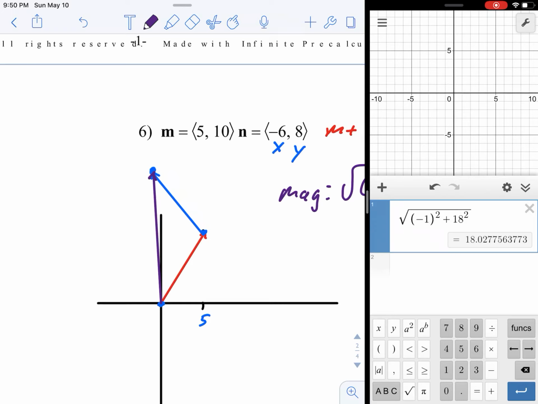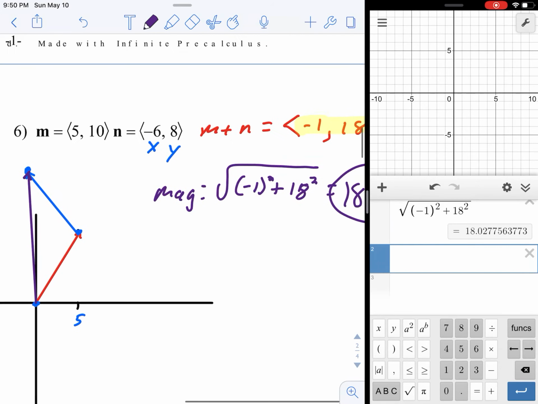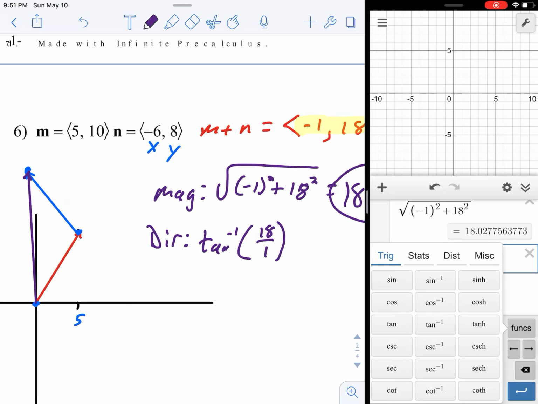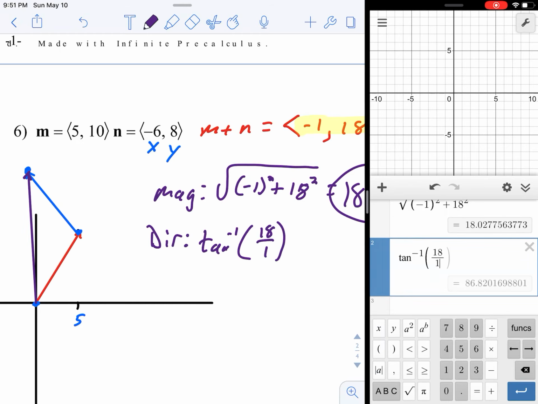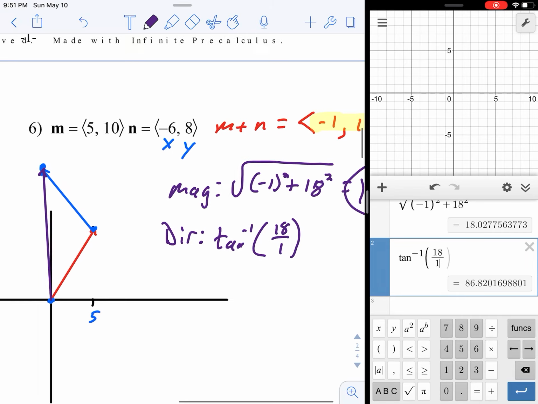But let's go through the actual process. So for the direction, I'm going to use MAG for magnitude, DIR for direction. I need to do the inverse tangent of 18 over 1. Remember, we don't use the negatives. So, inverse tangent 18 over 1 is 86.82.